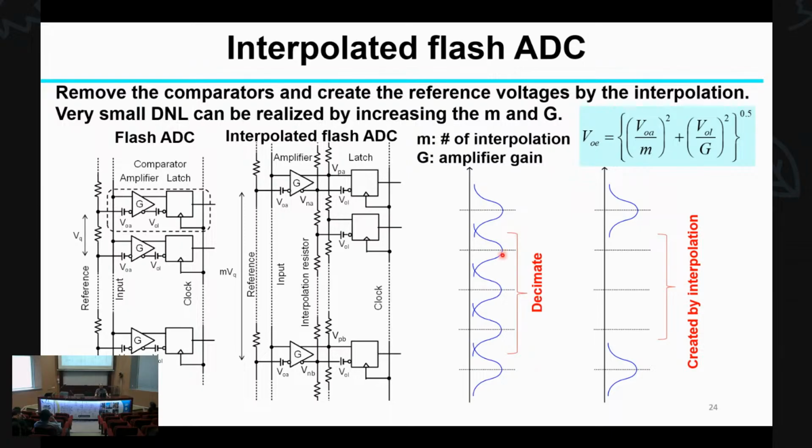Using this method, we estimate this error distribution, and only the voltage is created by the interpolation method. By using this interpolation, this offset can be reduced effectively. So this can improve the linearity.